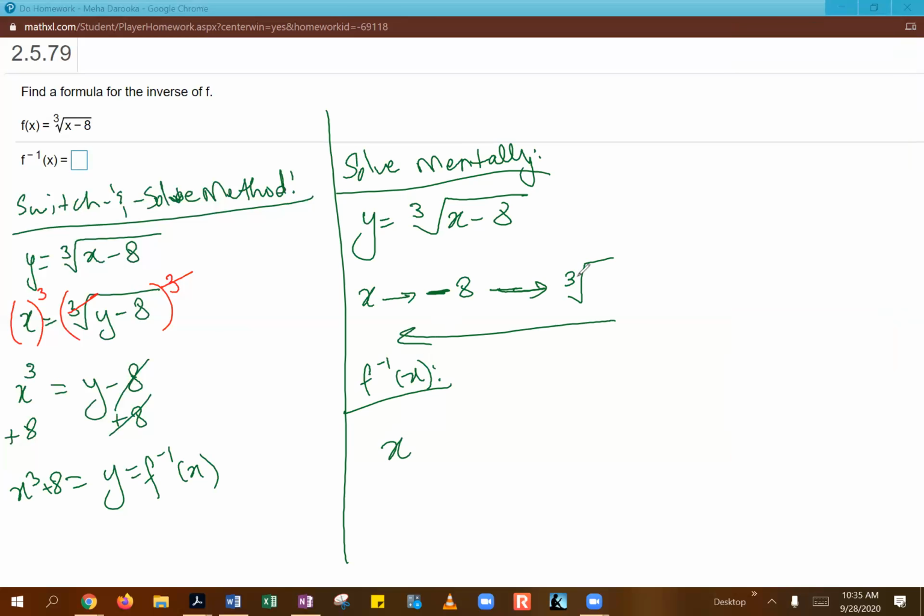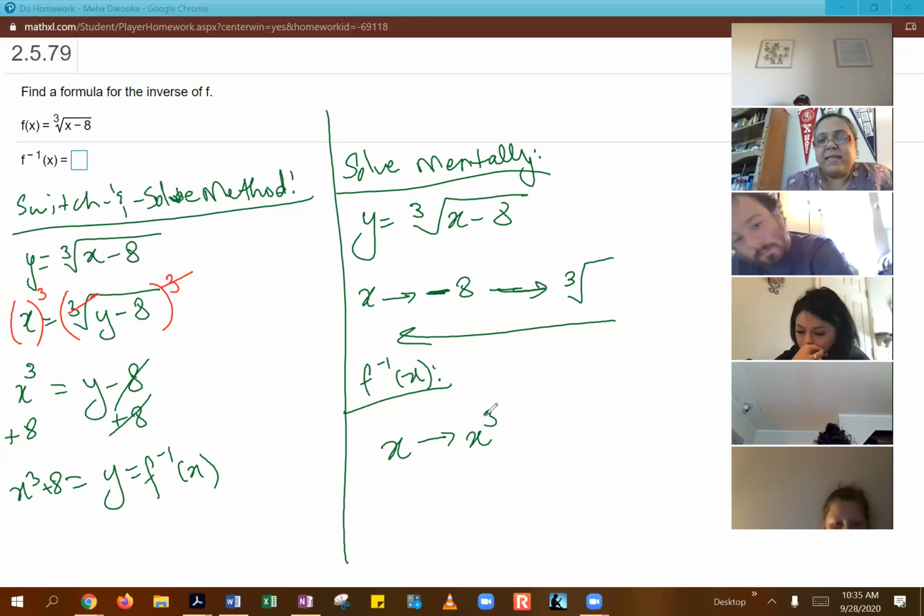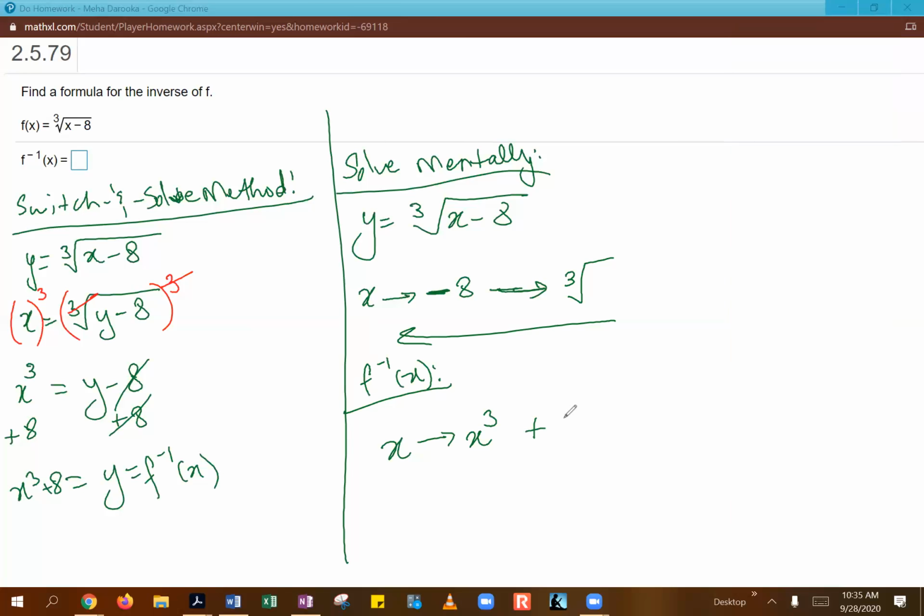So since you're doing the cube root last, we would have to do the x cubed first. And then since we subtracted 8 first, we would have to add the 8 last. So your inverse function would again end up becoming x to the third plus 8.